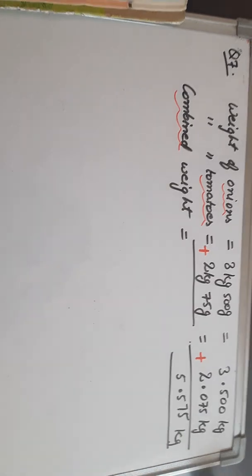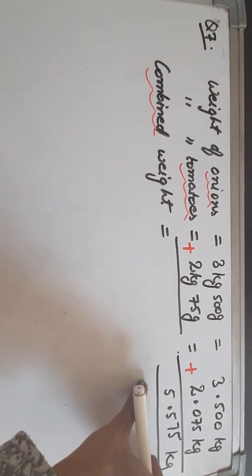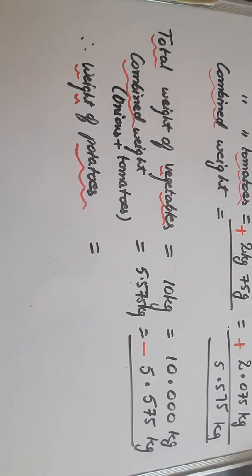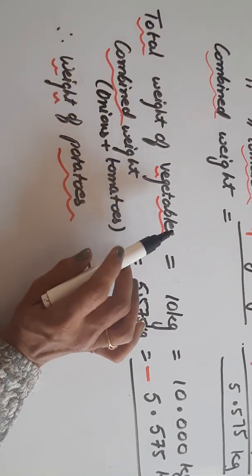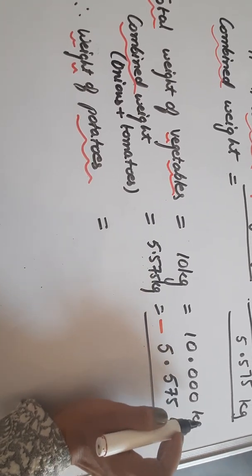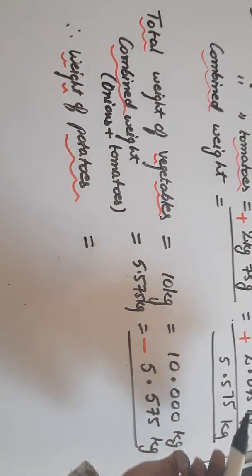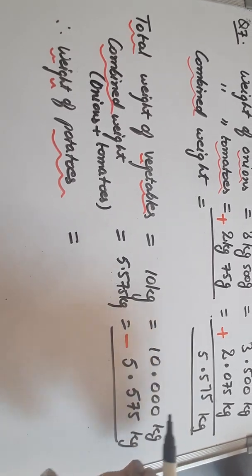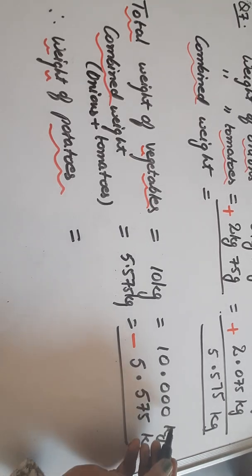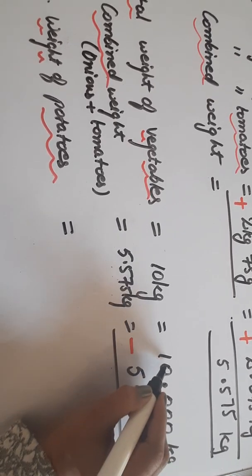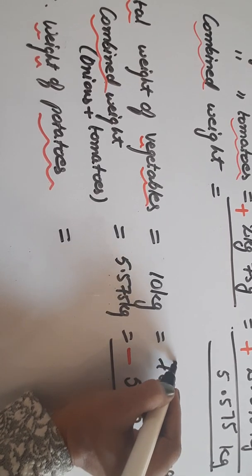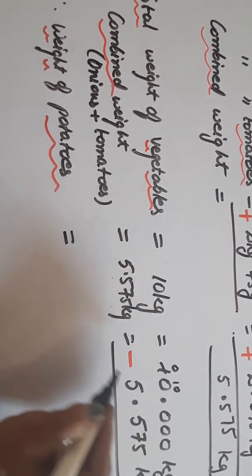Now we'll subtract this weight from the total vegetable weight. So let us write it as total weight of vegetables 10 kg, or we can write it as 10.000 kg. Combined weight we have calculated in the first part, this. Now weight of potatoes will be obtained by subtracting it. So let us subtract. Again all are zeros, they have to take a carry 1. So when it gives 1 to this, it will become 0, it will become 10.